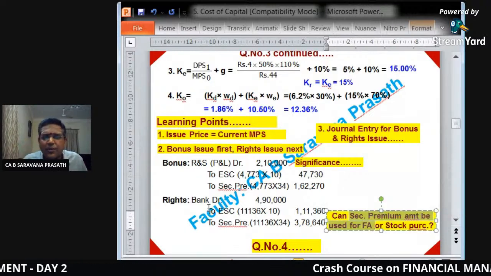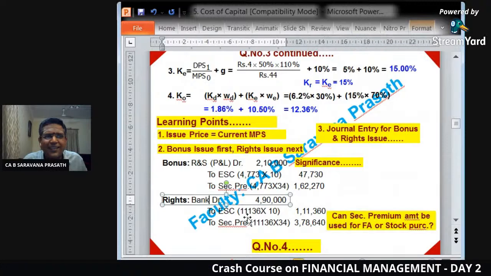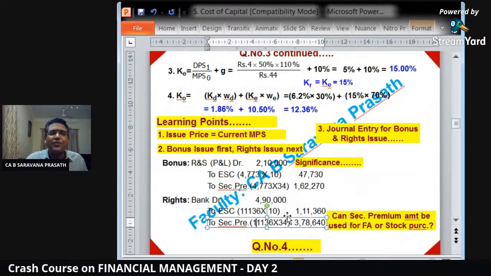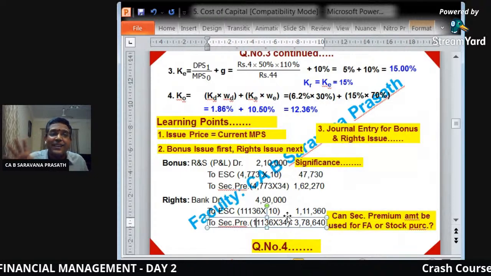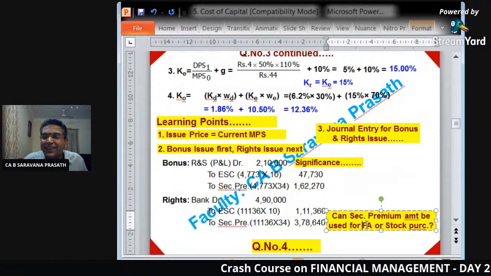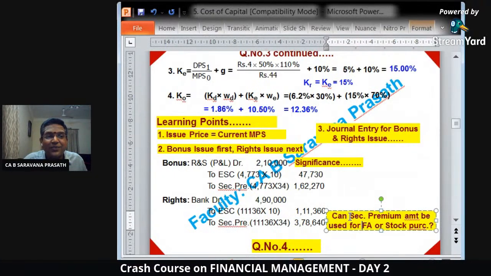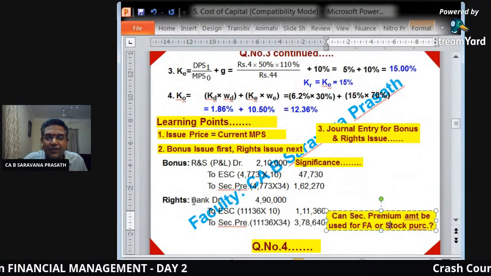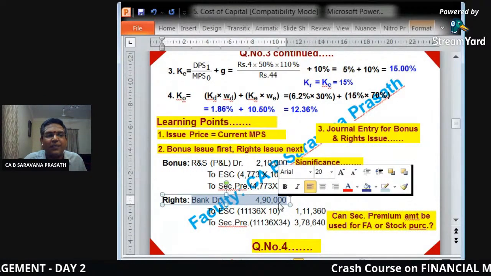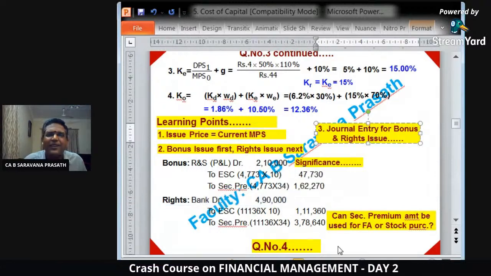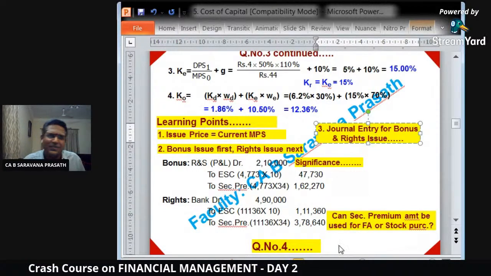Law does not say don't use this bank balance. Law says the securities premium account should not be used for other purposes, that is on the liability side of the balance sheet. Here, it should not be wrongly understood as asset purchase out of securities premium. Asset purchase is out of the money that we have raised by way of share capital. Law does not prohibit any of this. You can very confidently use that for your business purpose.